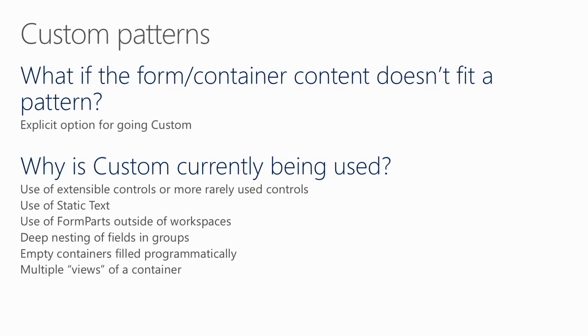The other reason is our layout algorithm that does the responsiveness. It doesn't like the size of these controls, and so it throws off the alignment of fields. For that reason, we're not allowing static text inside of field and field groups. If you choose to keep those in the midst of your fields, that's a good reason why you'd have to go custom.